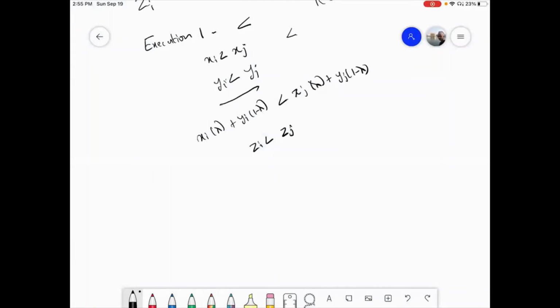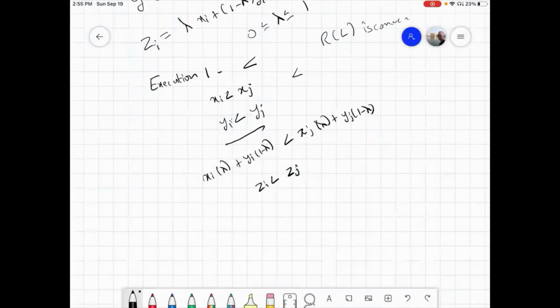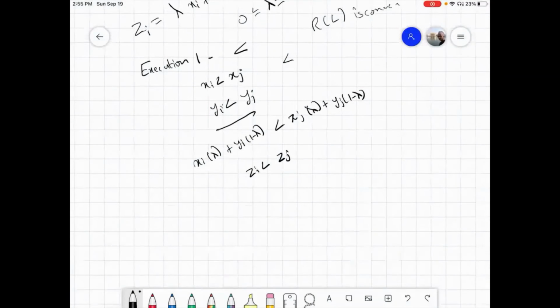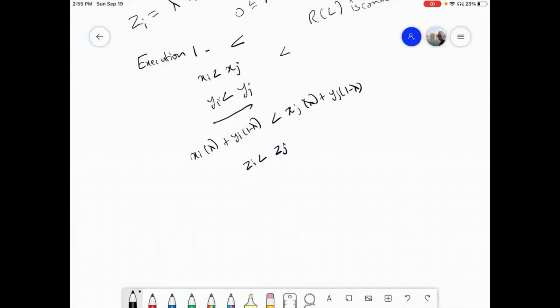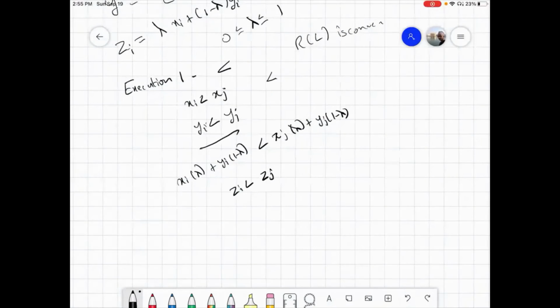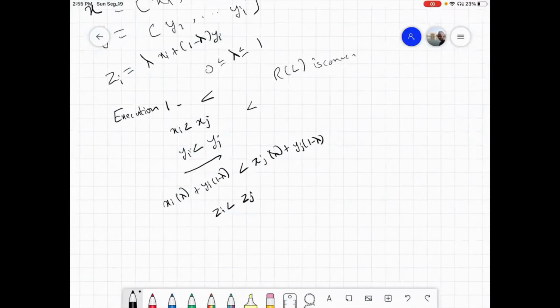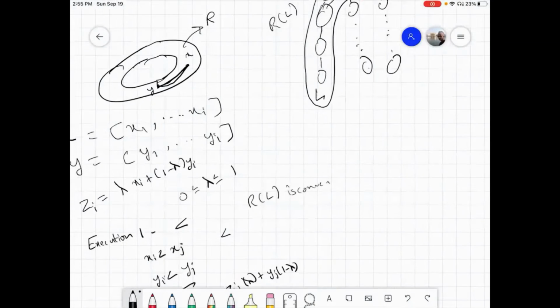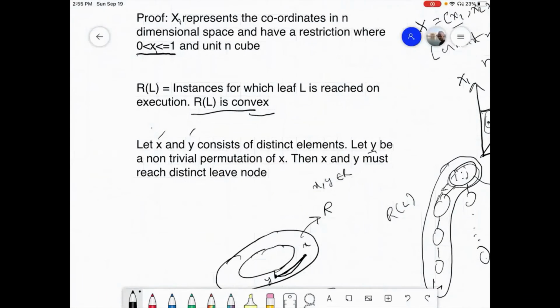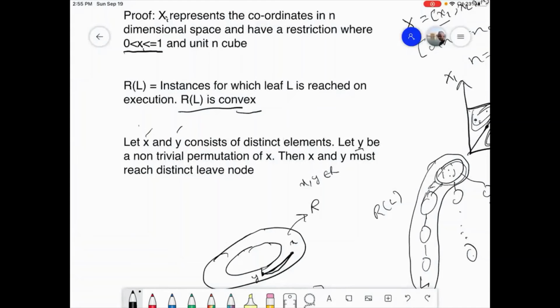So once we come to the conclusion, after the execution of the z instance as well, we know that z also lies on the line where the instances x and y fall. So with this, we can say that R of L is actually convex. So that is our first claim. The first claim, we have proved it, saying that R of L is convex.